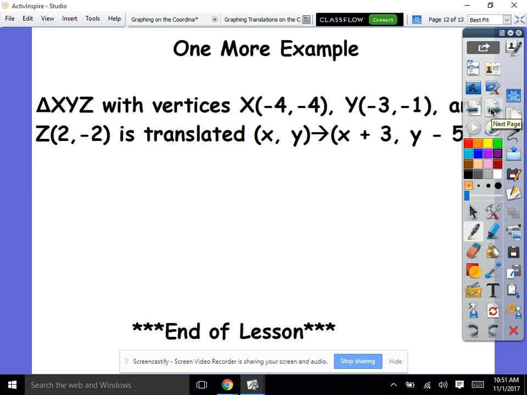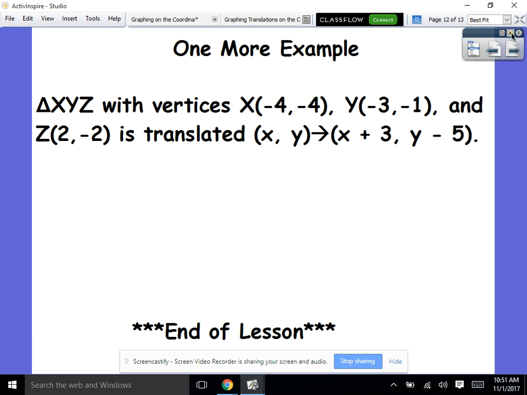All right, one more example. We have triangle XYZ with vertices X(negative 4, negative 4), Y(negative 3, negative 1), and Z(2, negative 2). We are translating that x plus 3, y minus 5. So we are going to add 3 and subtract 5 for each point.